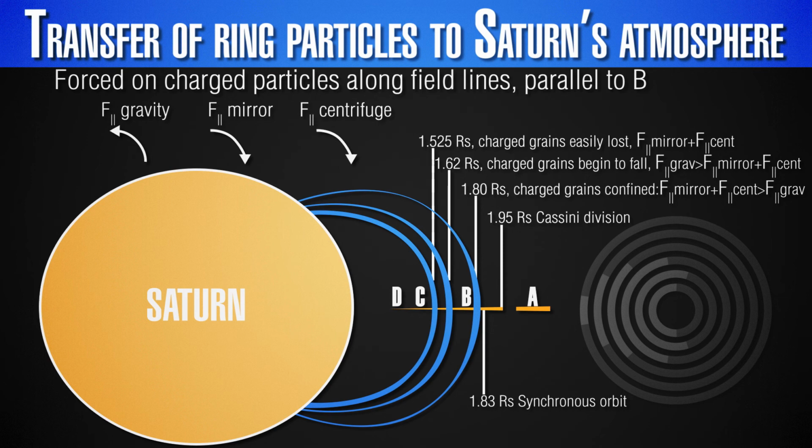Meaning, if you're a neutral particle in Saturn's rings, the neutral velocity you would be orbiting Saturn at is called the Keplerian velocity. And if you're at 1.83 Saturn radii in the Saturn ring plane, then that neutral Keplerian velocity is identical to what's called the co-rotating velocity, or the velocity of the rotating magnetic field there.